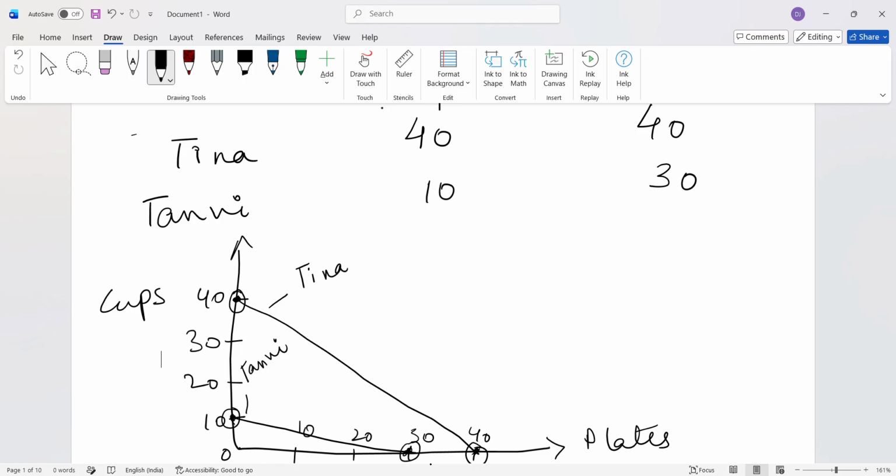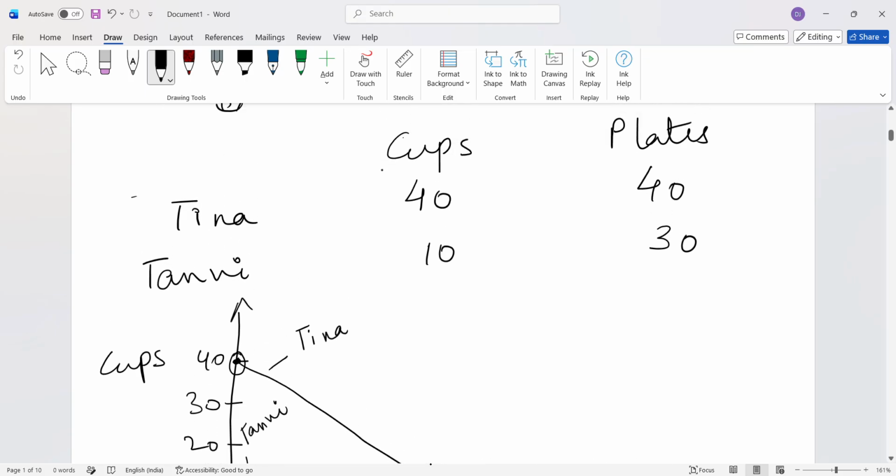Now let's understand the matrix. That's very, very important. This kind of matrix, in which they have given you the number of units of the product that they have produced, is called an output table. By the word output, I hope you understand clearly that this 40 means 40 cups are being produced given the same amount of resources given to both of them. 40 plates are being produced by Tina given the same amount of resources.